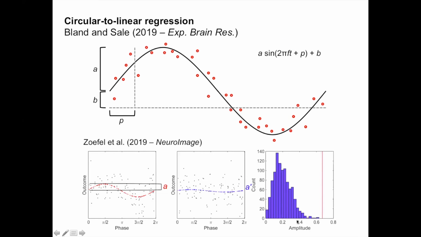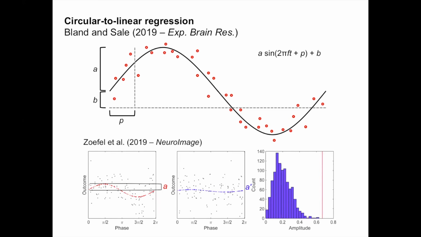We can then compare our observed fitted model to that bootstrapped distribution under the null hypothesis. So if we pair the regression technique with this permutation approach, we know that this is one of the best ways of detecting usually quite weak effects of sinusoidality or phase dependency.